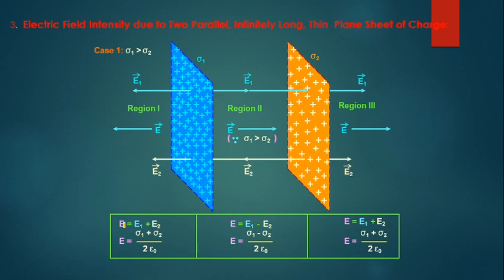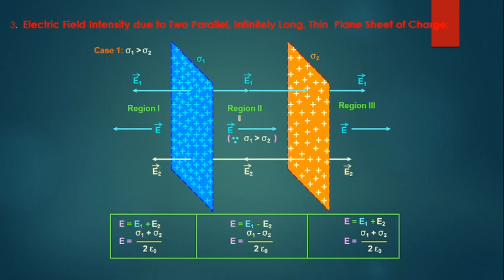So the total electric field in region 1 is E1 plus E2. This is a thin uniformly charged sheet, so the value for one sheet is sigma divided by 2 epsilon naught, and this one is also sigma divided by 2 epsilon naught. So the net electric field equals sigma 1 plus sigma 2 divided by 2 epsilon naught in the first region.